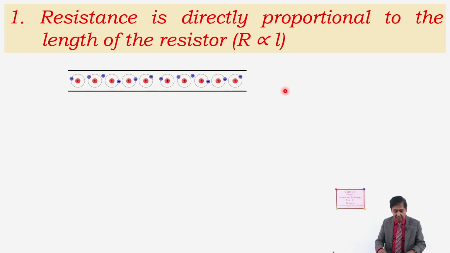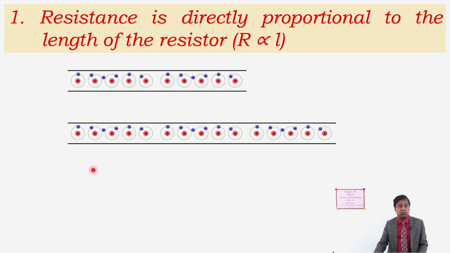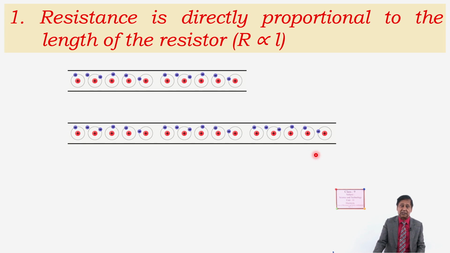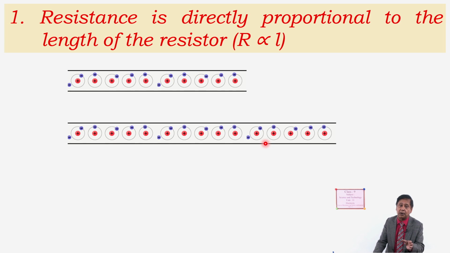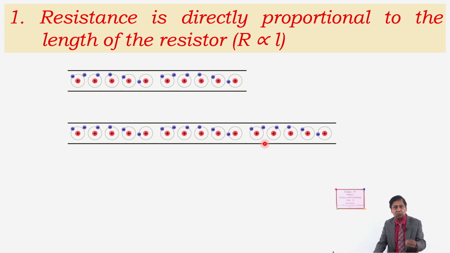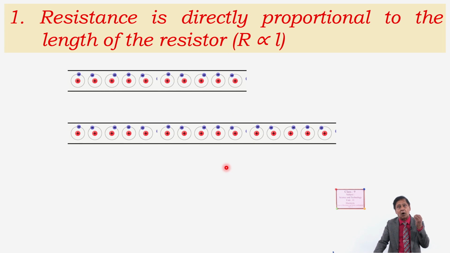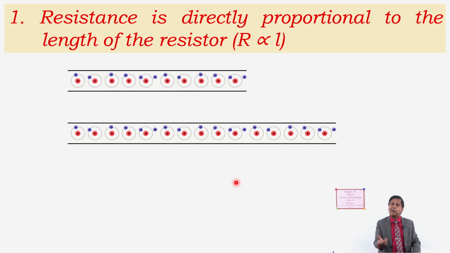If the same current is passed through another conductor wire of the same material, same thickness, but long length, then the obstruction against the flow of current will be up to a long distance. Since obstruction is offered up to a long distance, that's why the resistance of a long resistor is more than the resistance of a short resistor. Okay, this can be proved experimentally also.